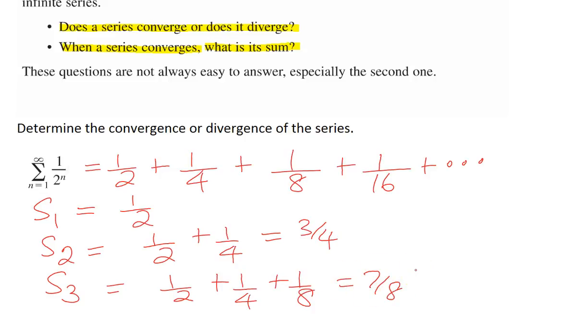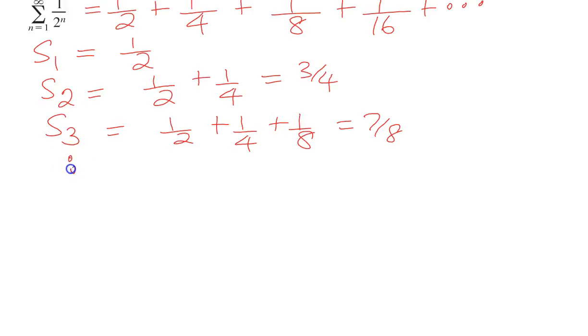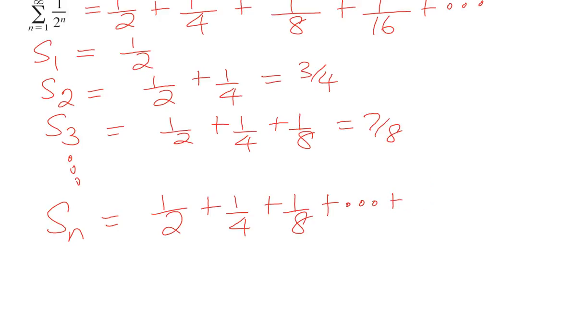So guys, are you seeing a pattern here? If we continued in this way, what is the formula for Sn? Okay, have a look. Sn is going to be 1/2 plus 1/4 plus 1/8. That's the third term. The fourth term, fifth term, sixth term, all the way up to the nth term. What's the nth term of the series? 1 over 2 to the n. Now guys, are you able to see a pattern here?